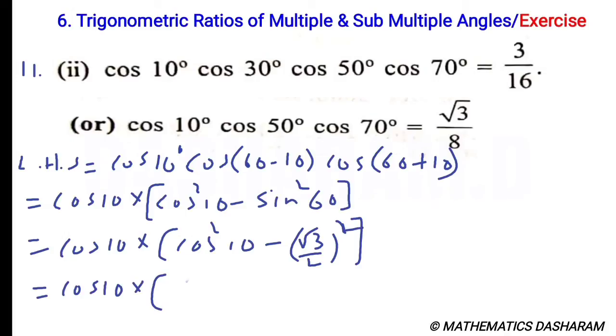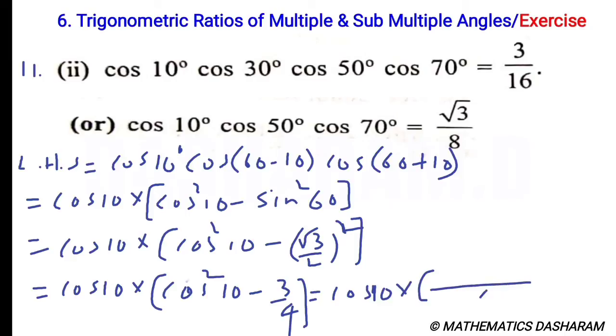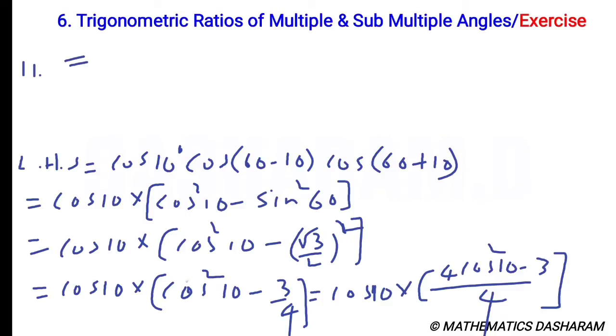Cos 10 into cos square 10 minus 3 by 4. So it is equal to cos 10 into, take the 4 LCM, so here 4 cos square 10 minus 3. So now cos 10 multiplied inside. So 4 cos cube 10 minus 3 cos 10 divided by 4.